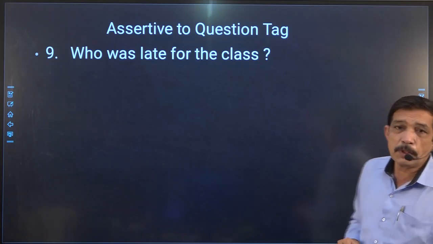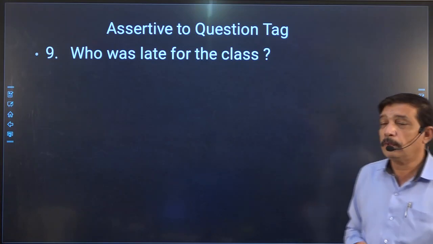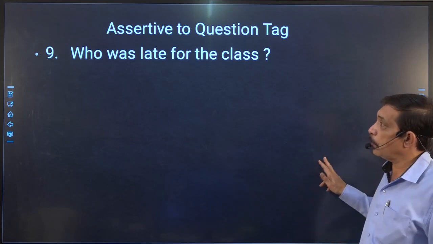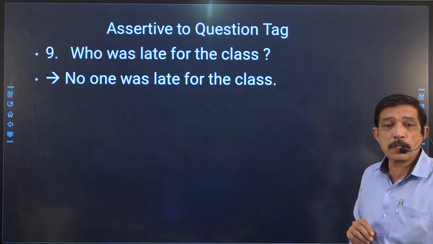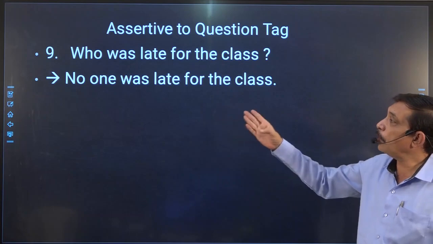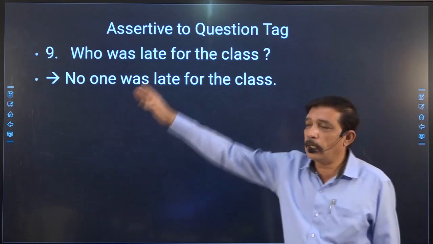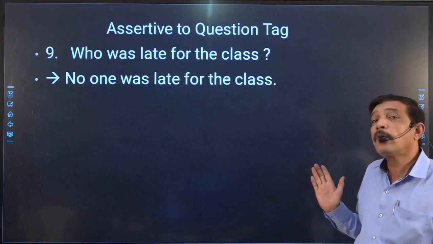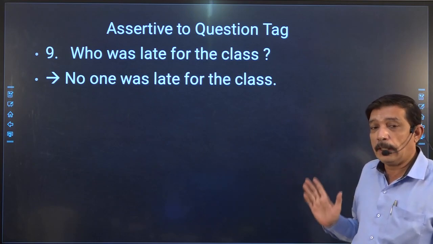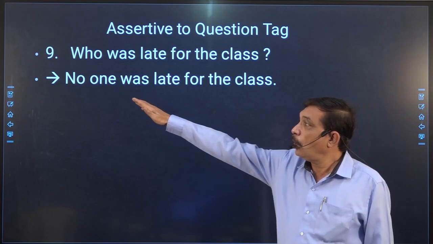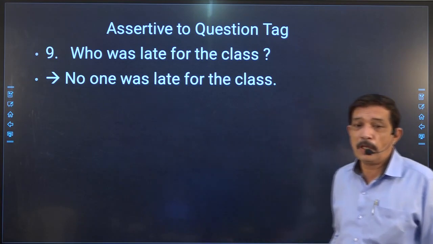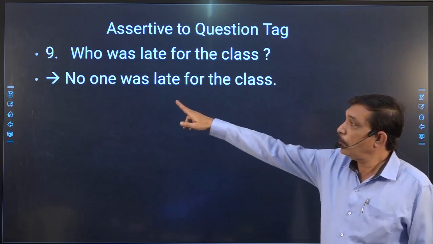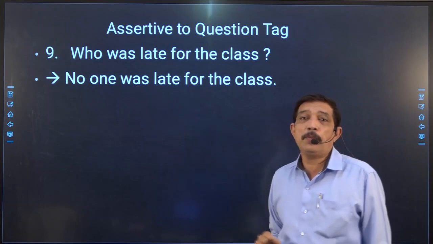Who was late for the class? Now this is interrogative. What was the assertive sentence that we made? No one was late for the class. Now at the starting of the sentence, no is already given. That means we have to remove negation. One is there, right? And we have the helping verb was.